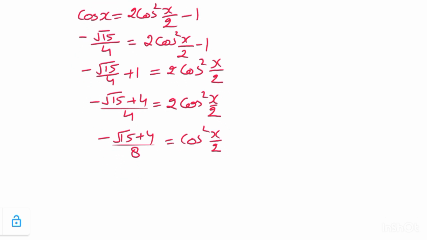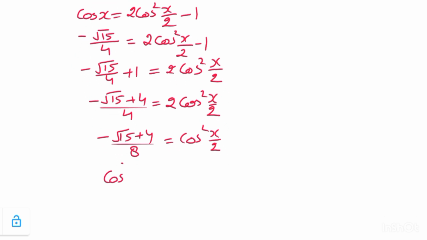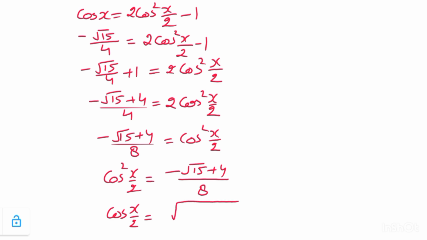And this will give cos square x by 2 is equal to negative 15 plus 4 divided by 8, and when we take a square root, so cos x by 2 will be square root of 4 minus 15 divided by 8, right?